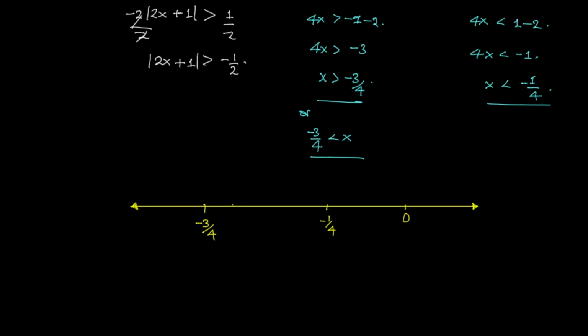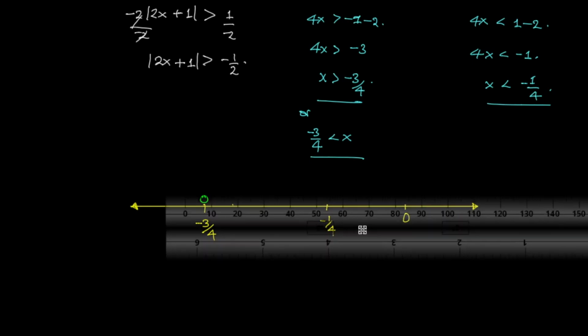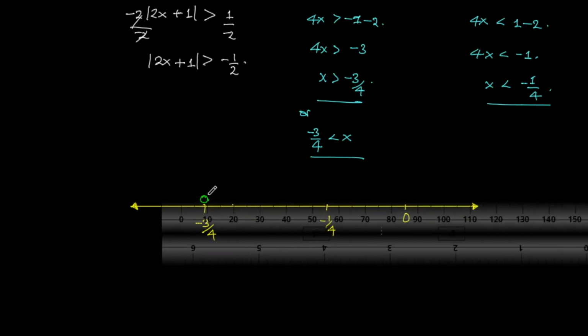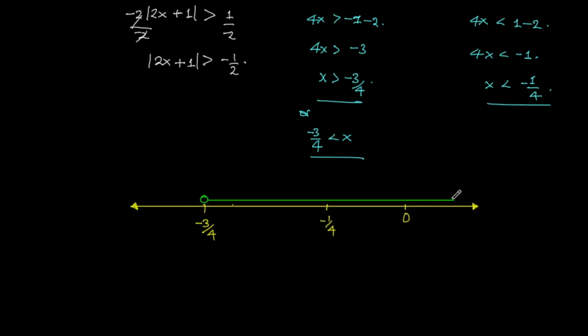So let's again use two colors to represent the first one here. So we need numbers that are greater than negative 3/4. So all numbers on this side are greater than negative 3/4. So we can draw a line to the right, and there are so many that we cannot finish them all, so we can use this arrow.